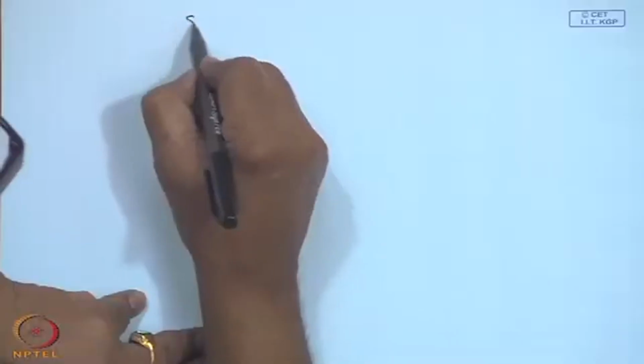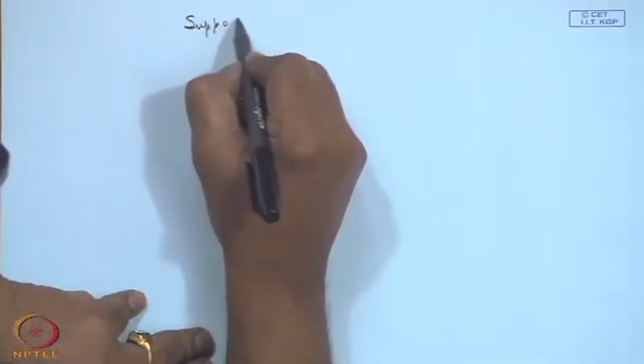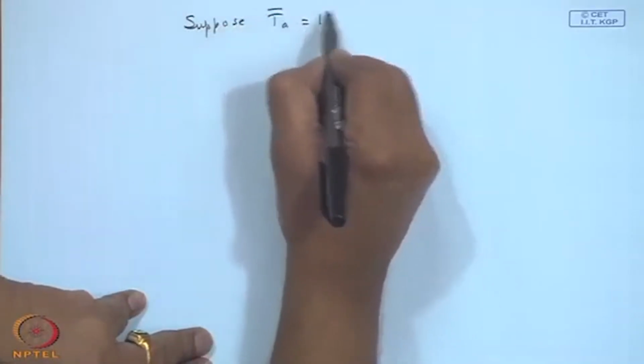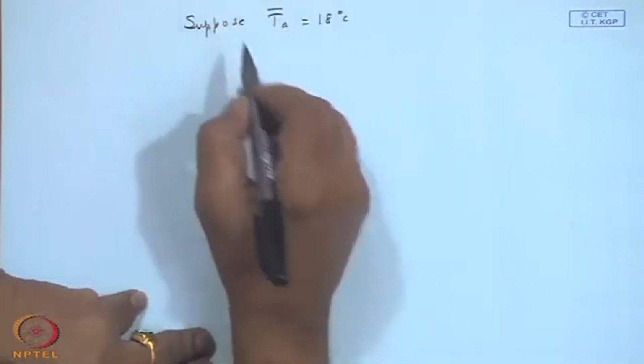Only you should remember that if 20 minus T A bar is positive, the plus should be taken care of. Just to illustrate that point, suppose T A bar is 18, pretty close to 20.